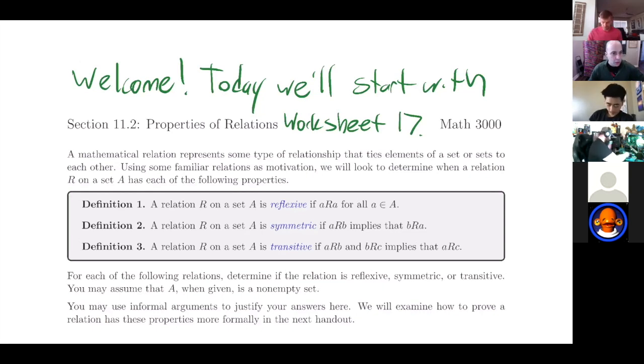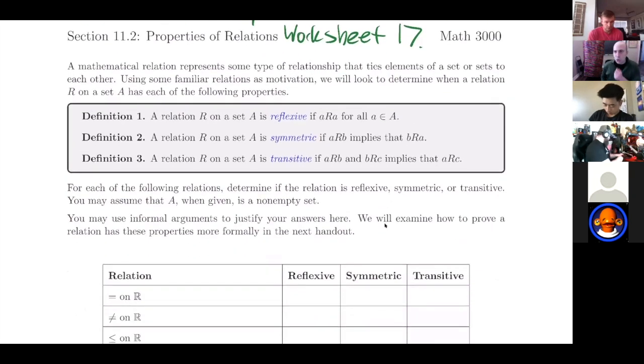Okay, so there are three properties that we'll see are particularly nice for relations to satisfy: reflexive, symmetric, and transitive. These are defined below. Any questions about those definitions?